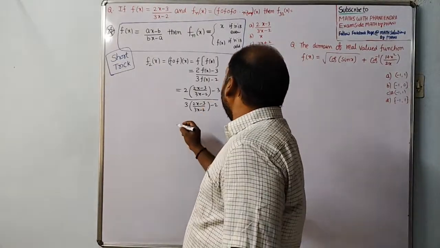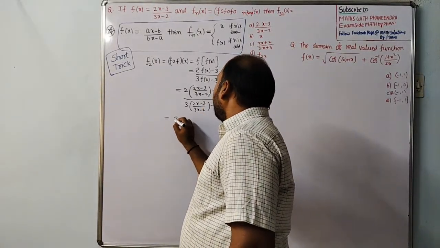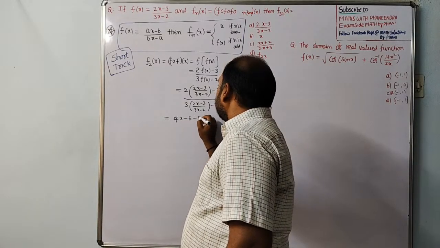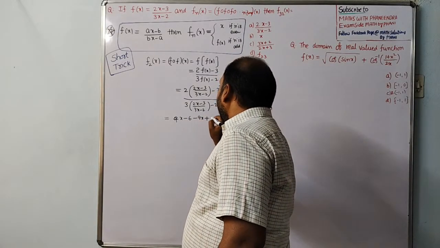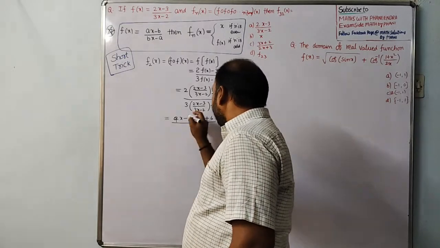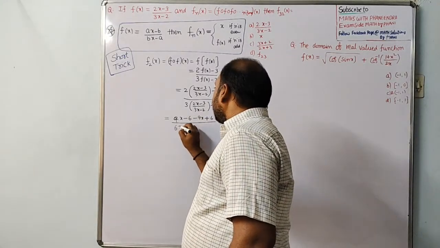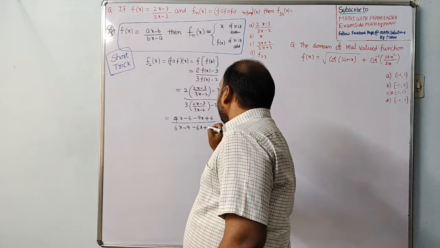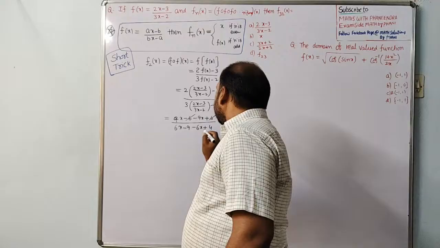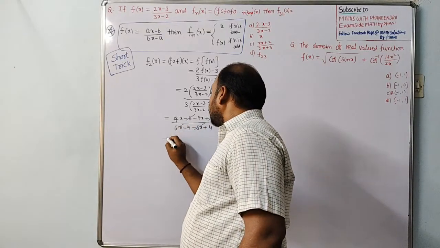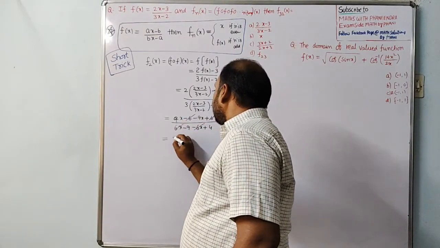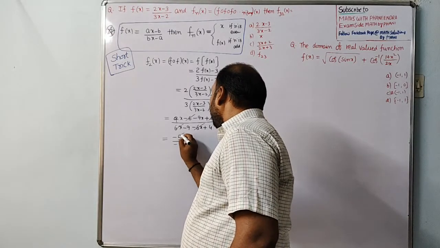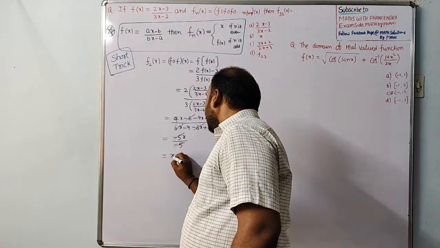Now we will simplify, multiplying by 2 with the numerator: 2x minus 6 minus 9x plus 6, divided by 6x minus 9 minus 6x plus 4. Plus 6 and minus 6 cancel, and 6x and minus 6x cancel. So 4x minus 9x is minus 5x, divided by minus 5, which is equal to x.